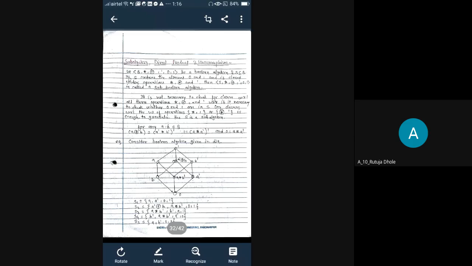Now after that we have seen how to recognize whether given algebra or given set is subalgebra or not. So for that they have given one note. It is not necessary to check for closure with respect to all three operations star, XOR, complement, nor is it necessary to check whether 0 and 1 are in S. Only closure with respect to set of operations star complement or XOR complement is enough to guarantee that S is a subalgebra.